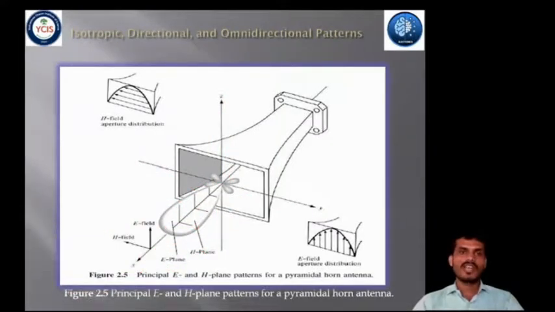Now this is your H field aperture distribution and this is your E field, that is vertical aperture distribution. This is all the distribution related to the direction of propagation of the signal. Now how can isotropic, directional and omnidirectional patterns be identified.